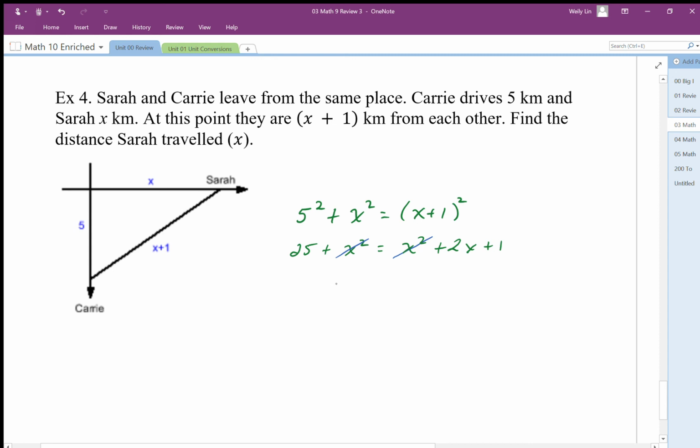So we end up with 25 is equal to 2x plus 1. Solve for x. So we subtract 1 from both sides. We divide both sides by 2, and we end up with x equals 12. So Sarah's distance is 12. This distance is 13 along the hypotenuse. And that actually is a Pythagorean triple.